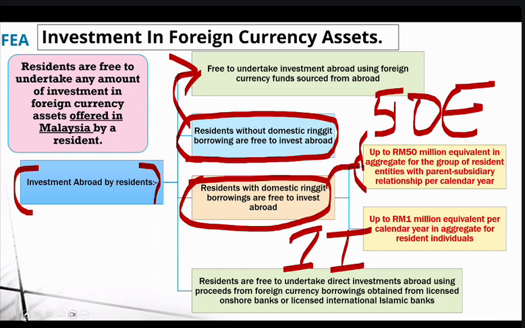So if I have domestic ringgit borrowing, I have limits. If I do not have domestic ringgit borrowing, it's the same. I have no limit. This two is no limits here. Okay. So that's how you could take note and ask these questions in exam.